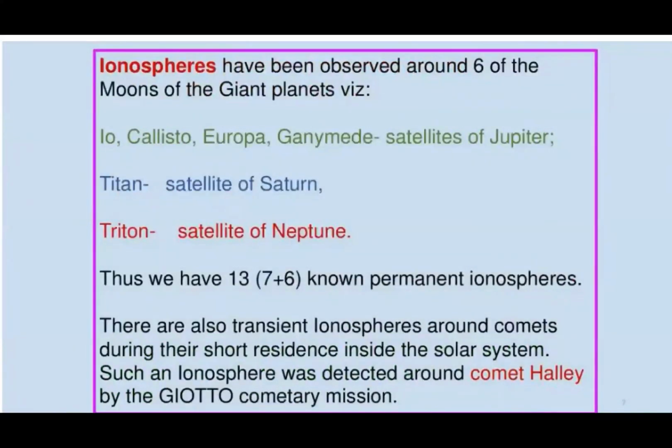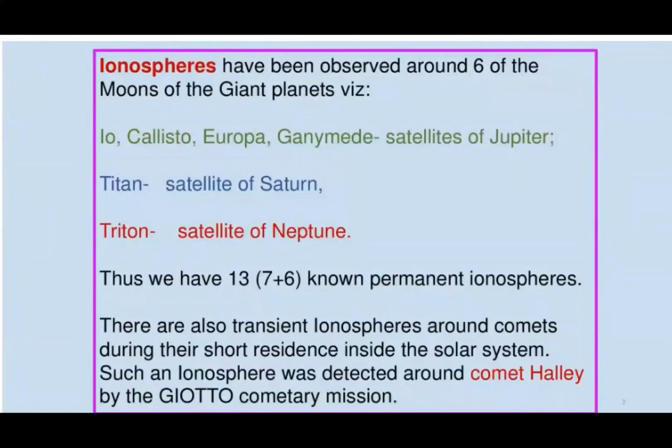And not only planets, ionospheres have also been observed around 6 of the moons of the giant planets. As we have the moon as a satellite of Earth, other planets have their own satellites. For example, Io, Callisto, Europa, Ganymede, these are the major satellites of Jupiter, and ionospheres have been found around them.